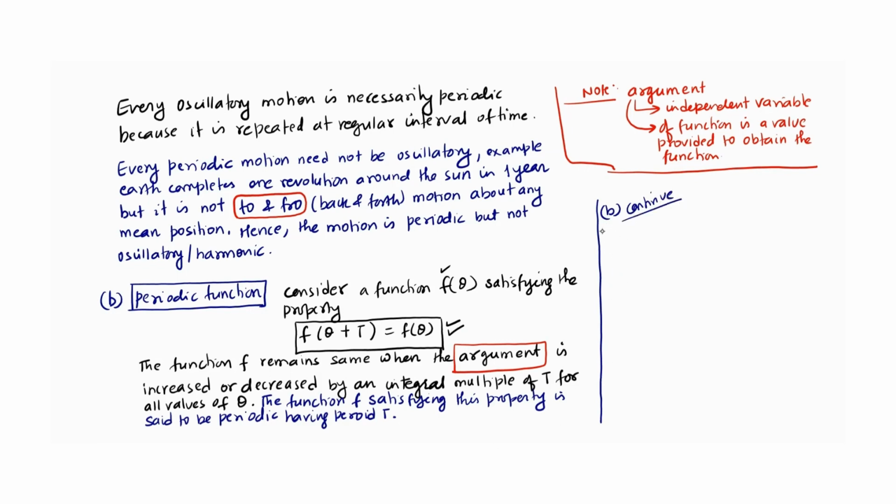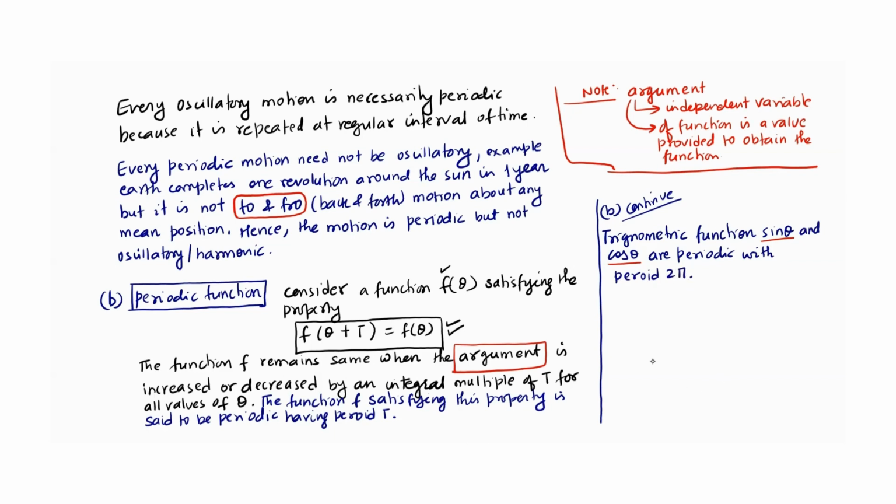Trigonometric function. We know sine theta and cos theta are trigonometric functions. These two, sine theta and cos theta, are periodic functions with period twice pi.